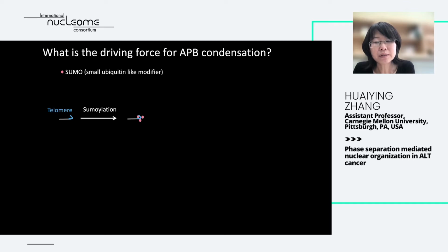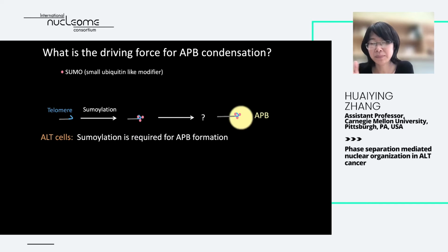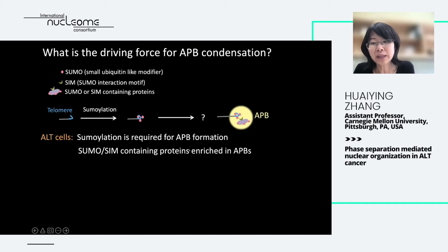From the literature, we know that the post-translational modification of SUMOylation, which is the addition of the small ubiquitin-like modifier to the telomere proteins, is required for the formation of APBs, meaning that if you inhibit it, you have fewer APBs. Also, when we look at proteins that are listed within APBs, we find they either contain SUMO sites or contain a SIM, which is a SUMO interaction motif. SUMO and SIM can have this non-covalent weak interaction.